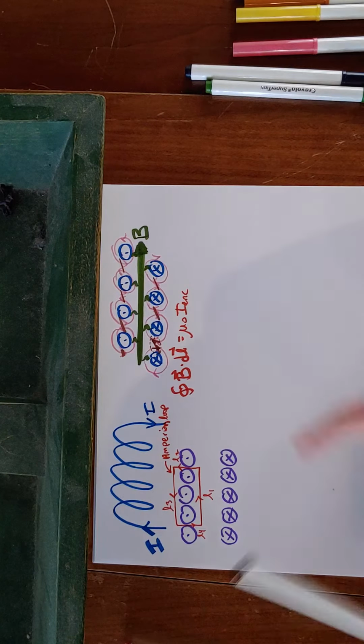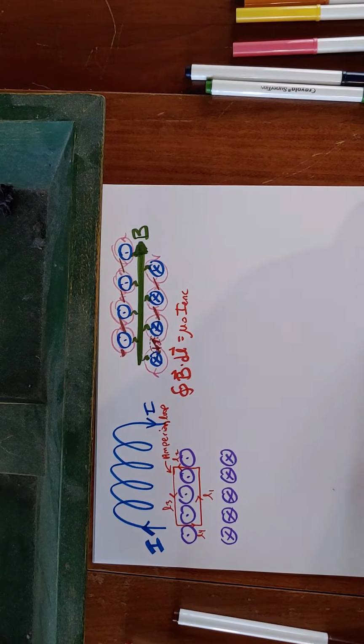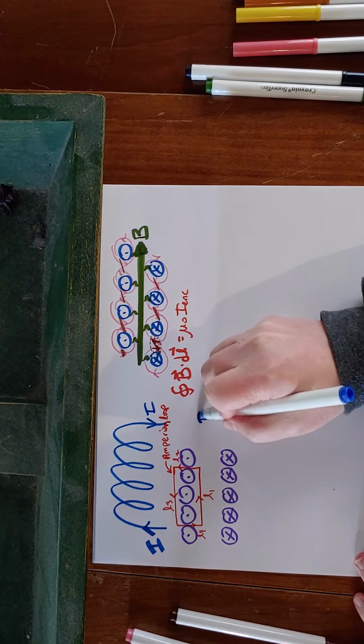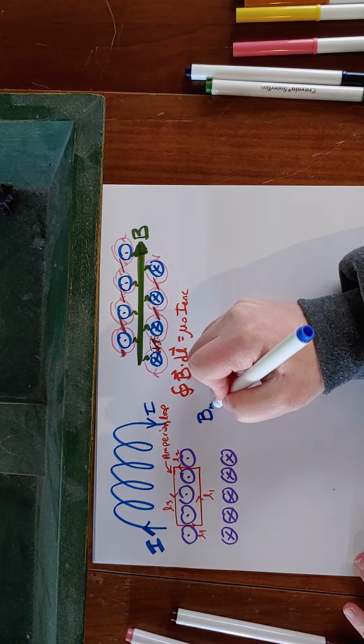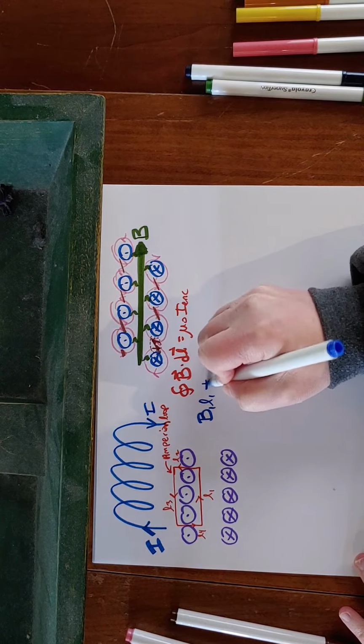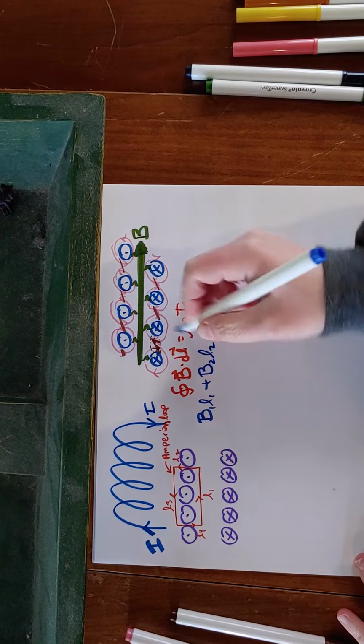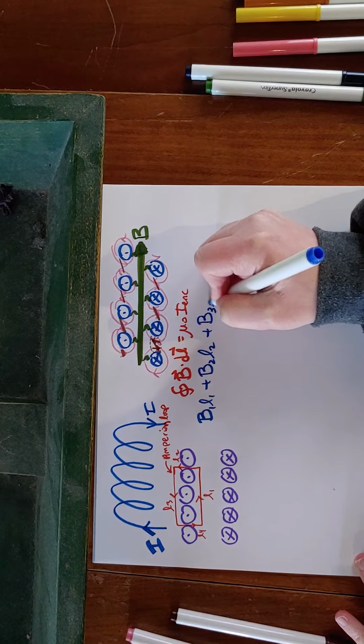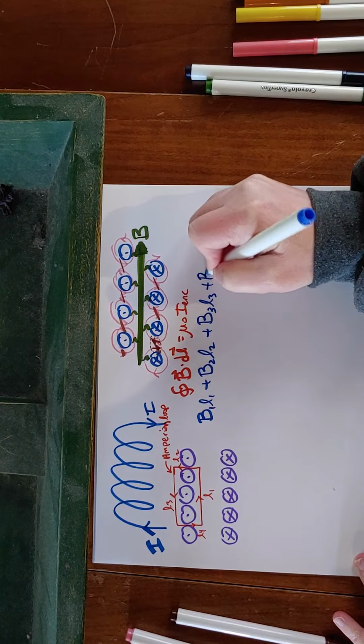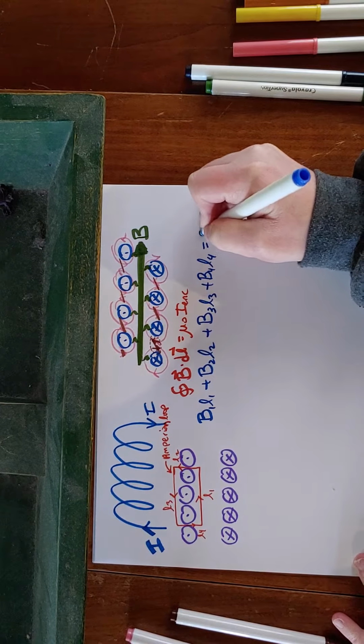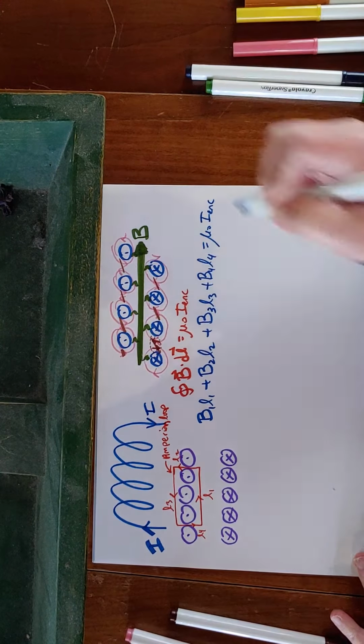Okay. Let's just write that out in more explicit terms. B1 L1 plus B2 L2 plus B3 L3 plus B4 L4 is mu naught I enclosed.